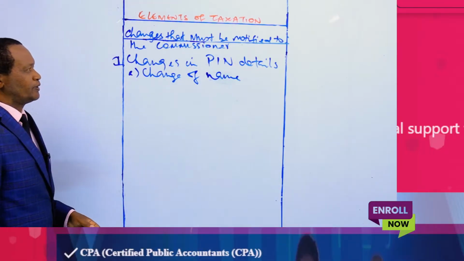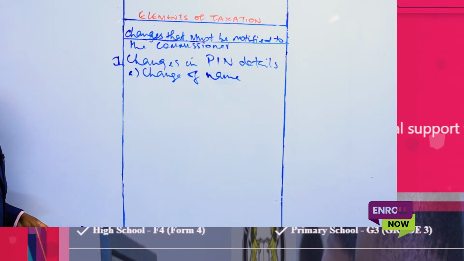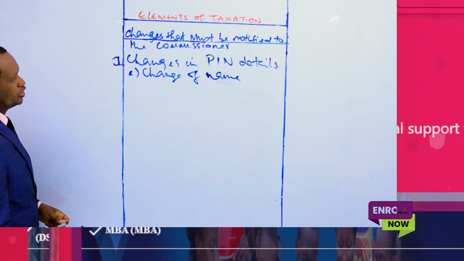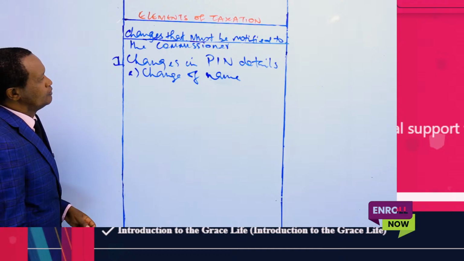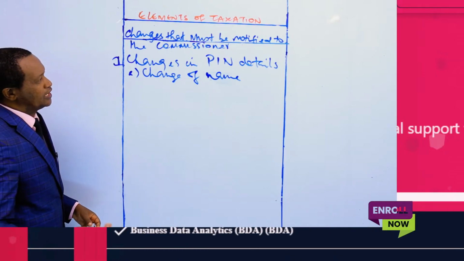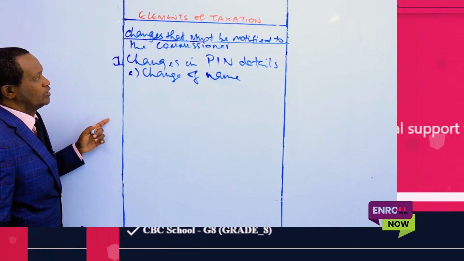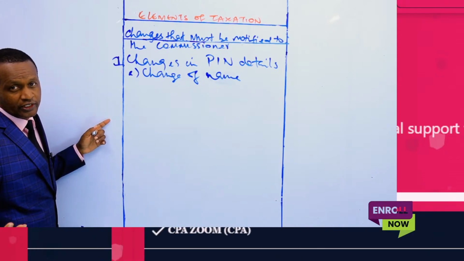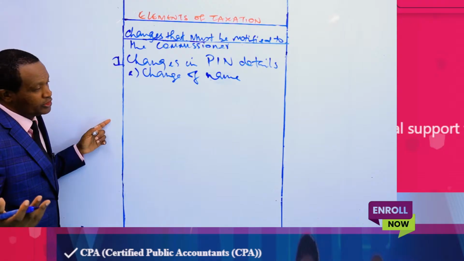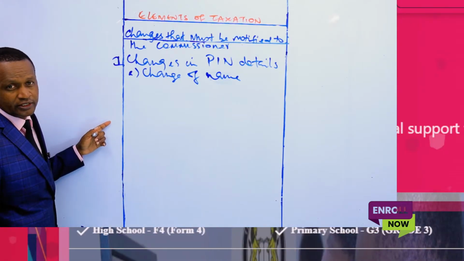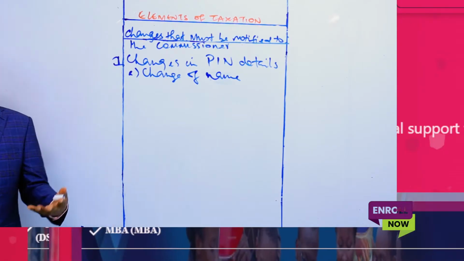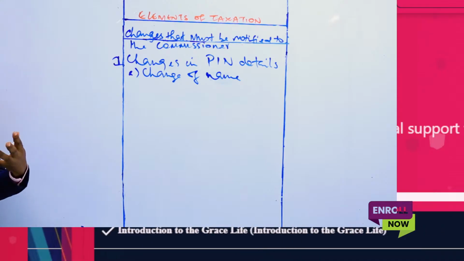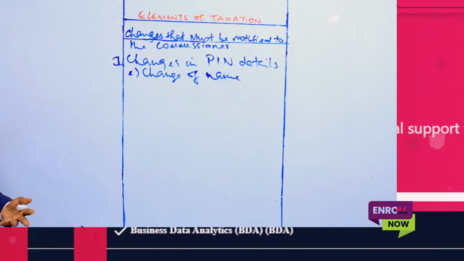When a taxpayer or a registered VAT person changes a name, then that has to be notified to the Commissioner of KRA. For individuals, this would be a legal name change, and for companies, it would be a change in the registered company name.